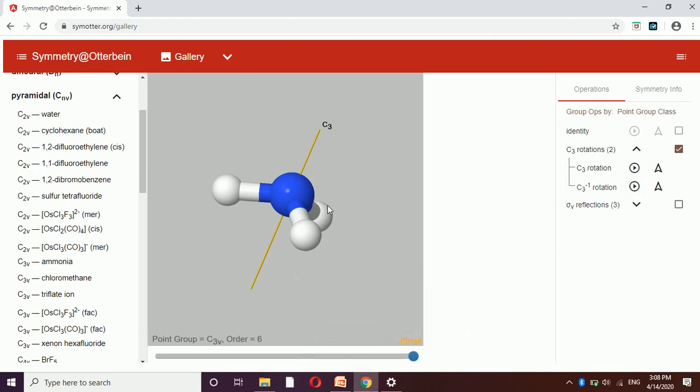When you rotate 2 times 120 degree anti-clockwise, this hydrogen will come to this position. You can achieve the same orientation through an inverse rotation like this. So C3 2 is equal to C3 inverse. That means 2 times C3 is equal to C3 inverse.